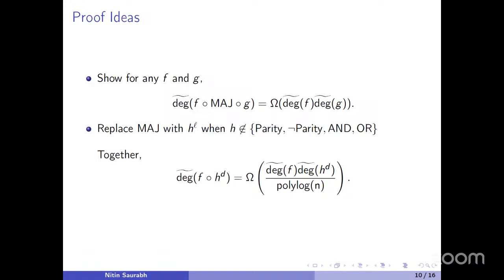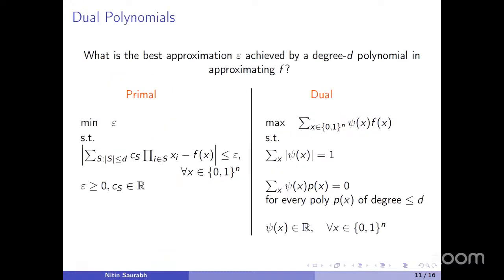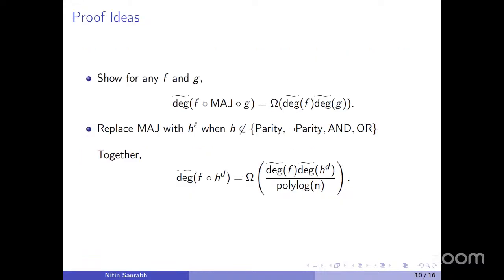So together they will give you some polylog n loss, where n is the arity of the outer function. Okay, great. So let's get into the proof. The main part is the first part. We will show that. The second part is something that uses Valiant's 84 result, which was used in the Sumegha talk also.